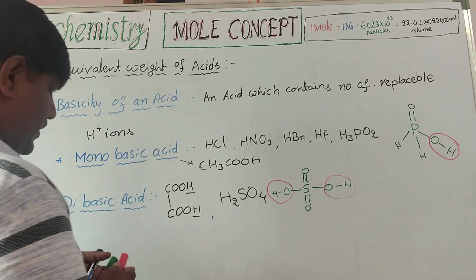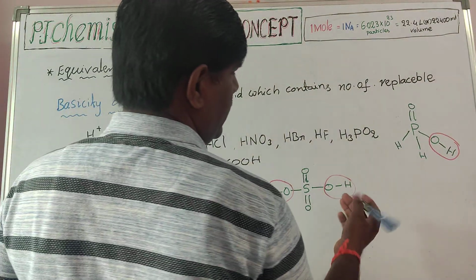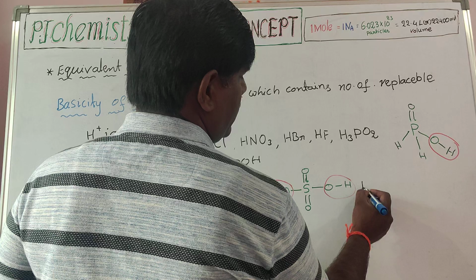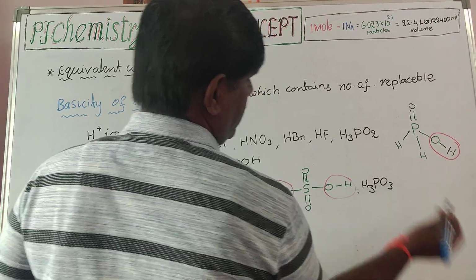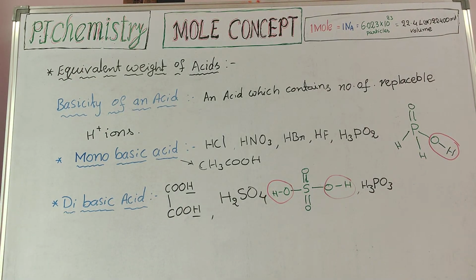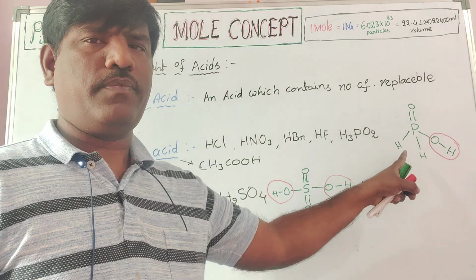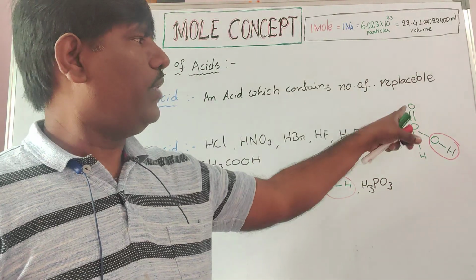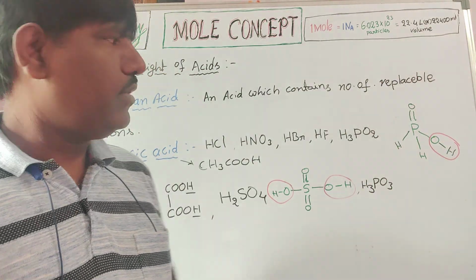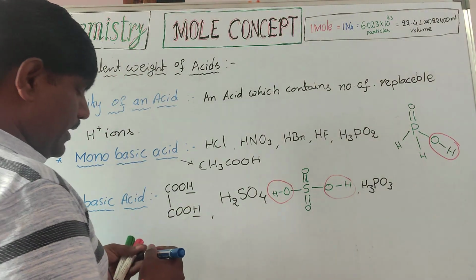Next, H3PO3, phosphorus acid. Now see here, in the same structure as above, there are only 2 oxygens there, here 3 oxygens. Same like above, 1 oxygen is double bonded, another 2 oxygens with 2 hydrogens, and 1 hydrogen directly connected.